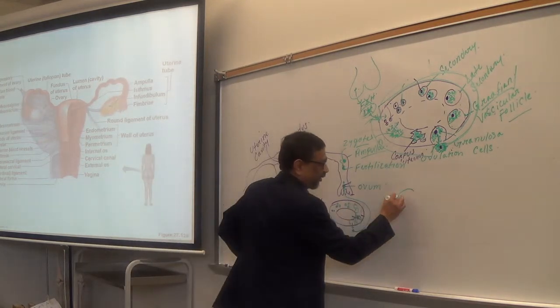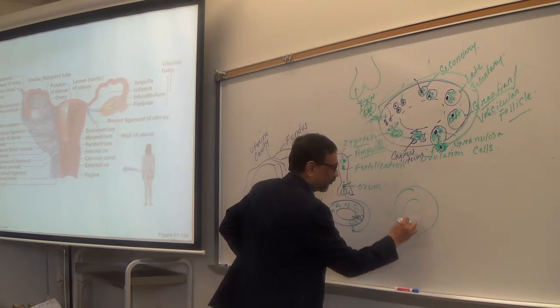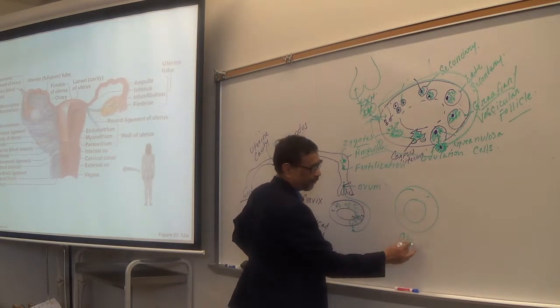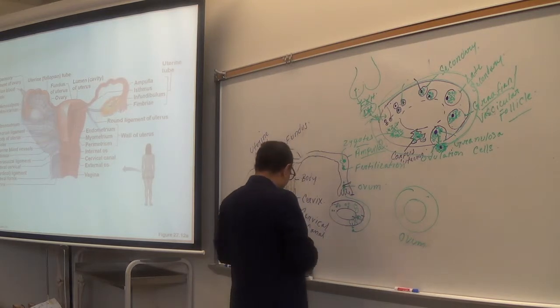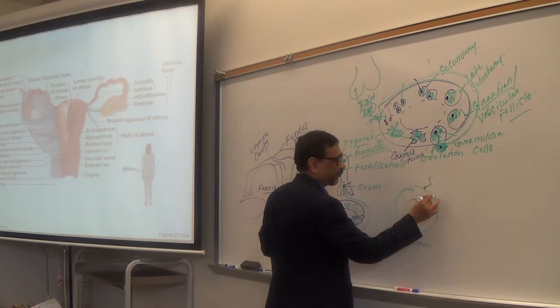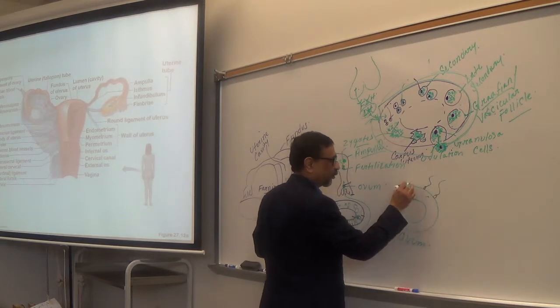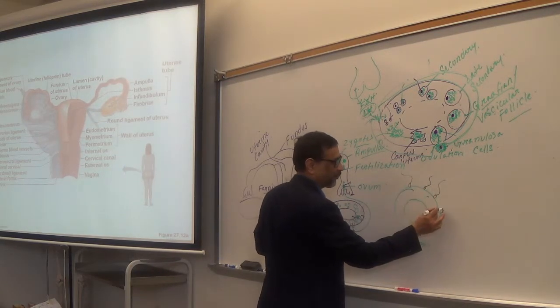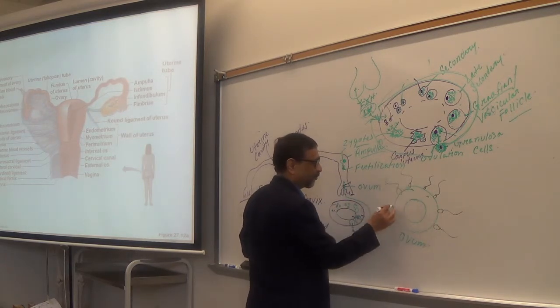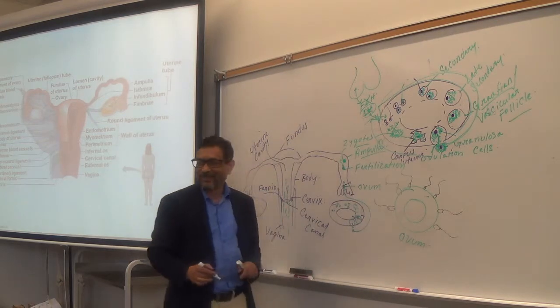This is the egg or ovum. This is the wall of the ovum. And many sperm get attached to the wall at the same time from all over. Many sperm. Because sperm is many, right?